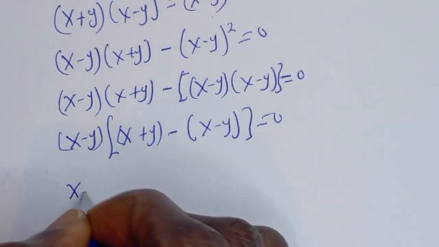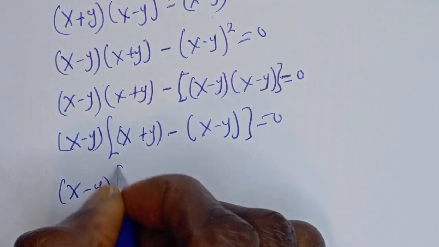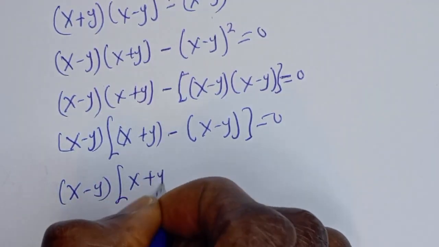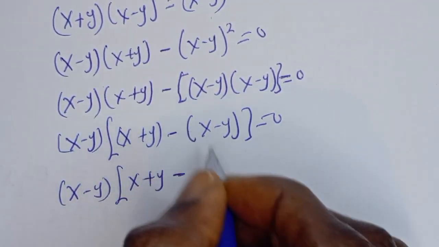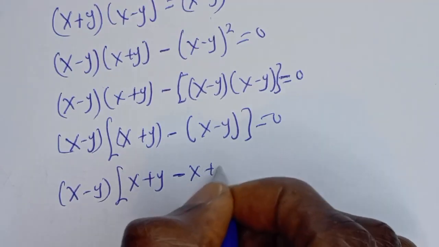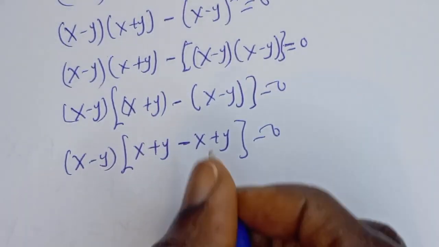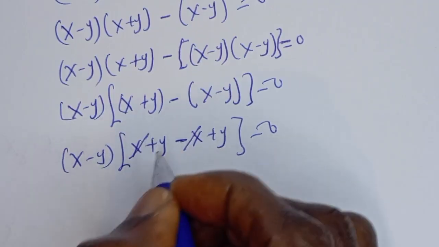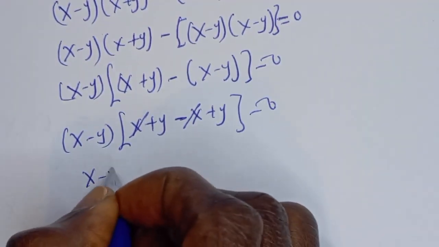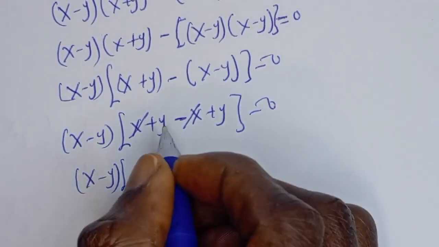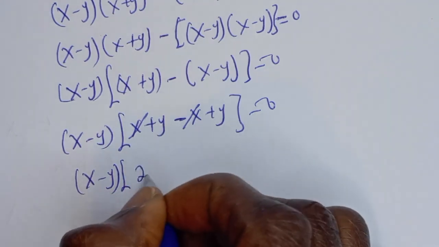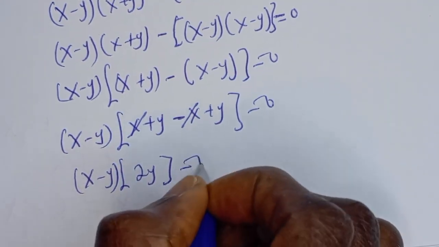Here is (x minus y)(x plus y minus x plus y) equal to 0. Then this will cancel this. We have (x minus y)(y plus y). This is 2y equal to 0.